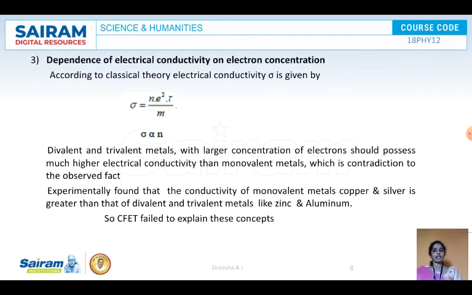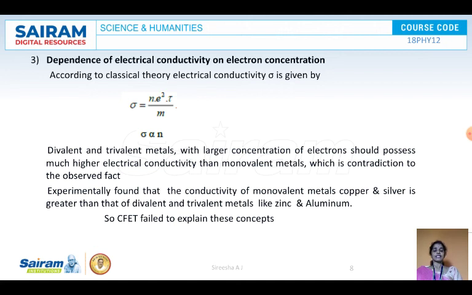Now the third failure is the dependence of electrical conductivity on electron concentration. According to classical theory, electrical conductivity sigma is given by sigma is equal to n e square tau by m. Here we can say that sigma is proportional to n, because sigma is in the numerator and n is also in the numerator.